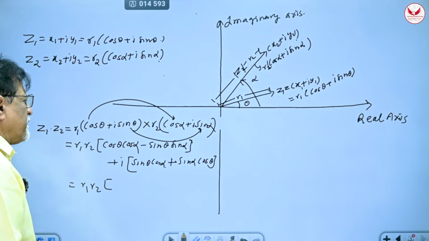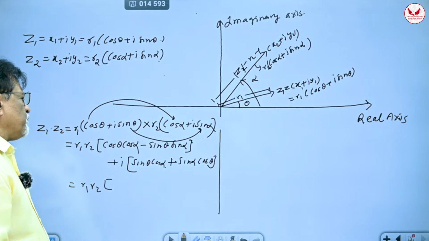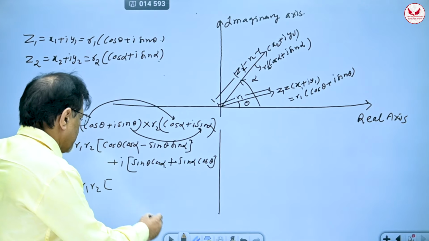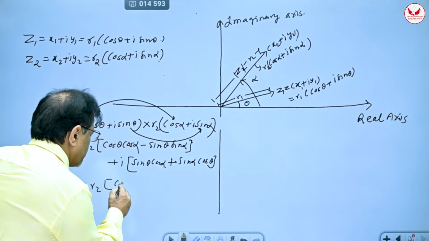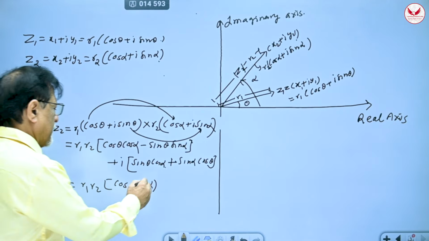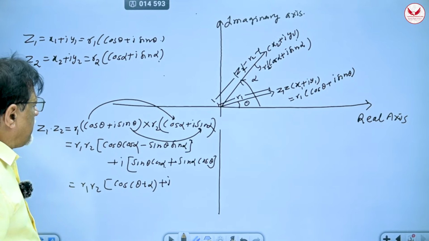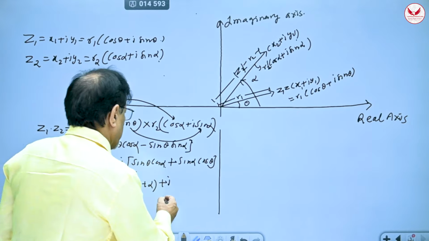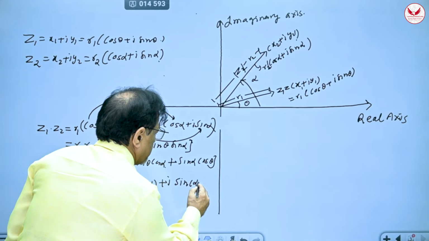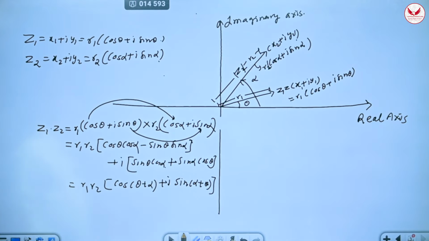Now if you are a little bit familiar with this formula from trigonometry, cos A cos B minus sin A sin B gives you the formula for cos of A plus B, right? So that means this is equal to cos of theta plus alpha. And this is i times sin A cos B plus cos A sin B. This is the formula for sin. So it will be sin of alpha plus theta. Okay, correct? Very, very interesting.